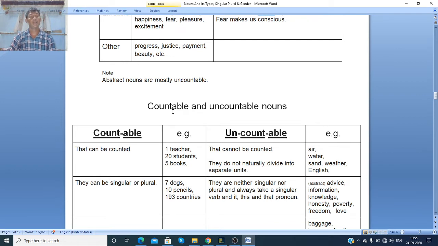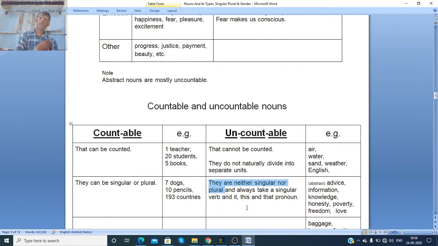An uncountable noun cannot be counted. So countable nouns can be counted, so these are singular and plural. Uncountable nouns cannot be counted, so they are neither singular nor plural.